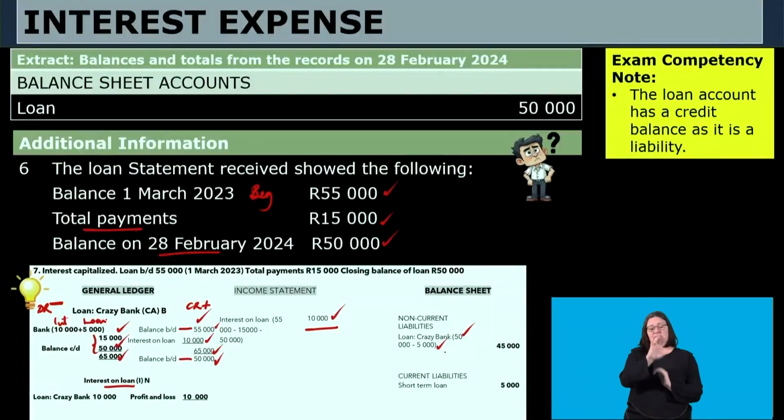So if we're making fixed monthly repayments or fixed annual repayments, it means in the next financial year, we are going to make a payment again of 5,000. So you come here, then you say minus 5,000. You now remain with 45. That 5,000 therefore comes and becomes your short-term loan, which is 5,000 over there.